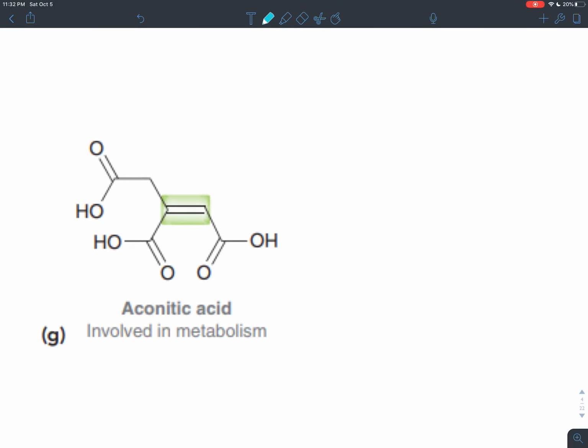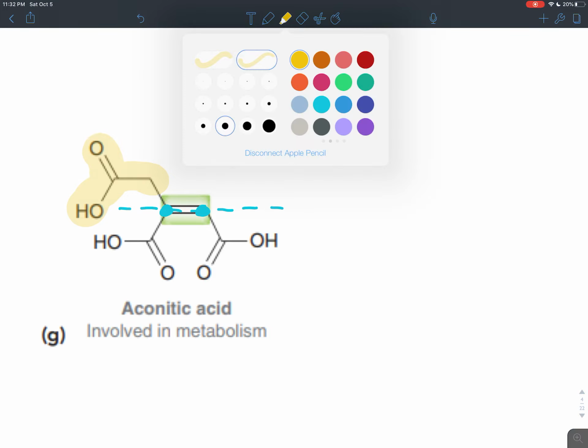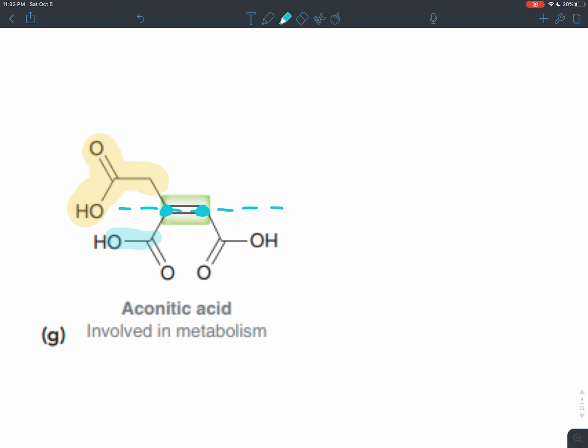Here you have aconitic acid involved in metabolism. You can draw a dotted line down the long end of the bond there. We're going to look for two branches that are the same that are coming off of those two carbons. Now, on the left, we have a CH2 bonded to this group, which is called a carboxylic acid, and on the top, and then on the bottom, we have just the carboxylic acid.